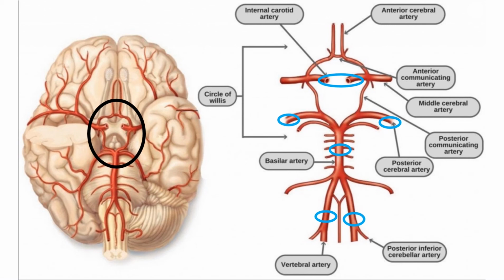The second part is the part coming from the internal carotid artery, and it is going to share in the formation of the circle of Willis, and it is going to give the anterior cerebral artery, an anterior communicating artery, and a posterior communicating artery.